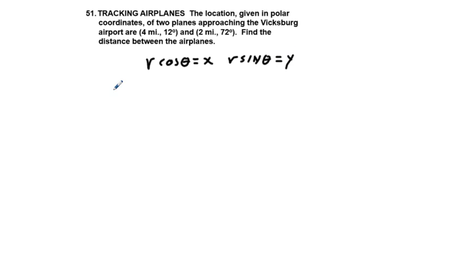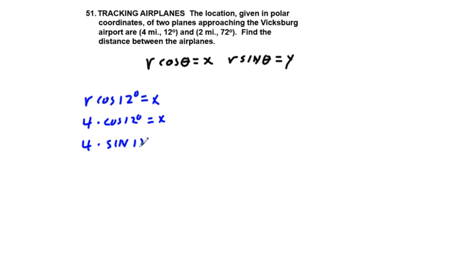So for this first point, for the 4 mile plane, r times the cosine of 12 degrees is going to be equal to x, so 4 times cosine of 12 degrees equals our x coordinate, and 4 times sine of 12 degrees is our y coordinate.